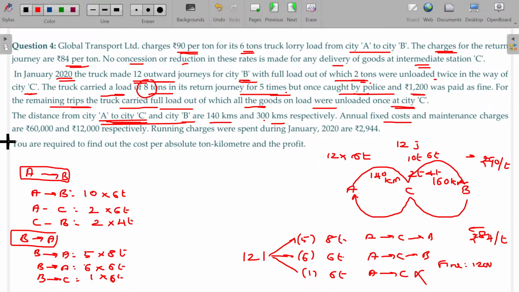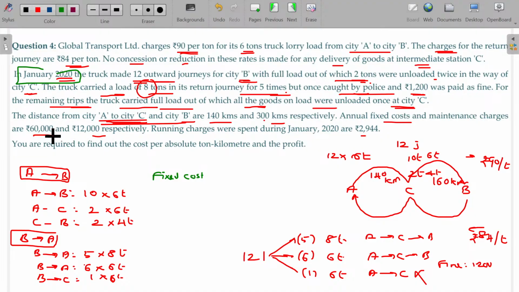Annual fixed cost and maintenance charges being 60,000 and 12,000 respectively. Running charges spent in January 2020 being 2,944. Now come on, tell me. What about the fixed cost? Fixed cost per month. We can calculate everything on a per month basis. We are talking about January, so it's better to calculate on a per month basis.